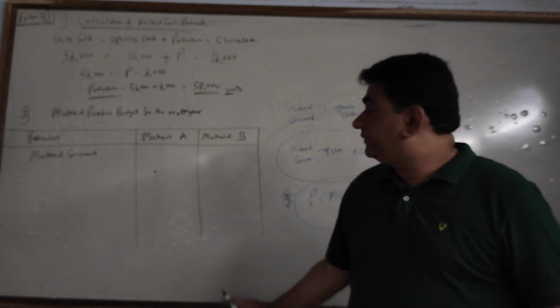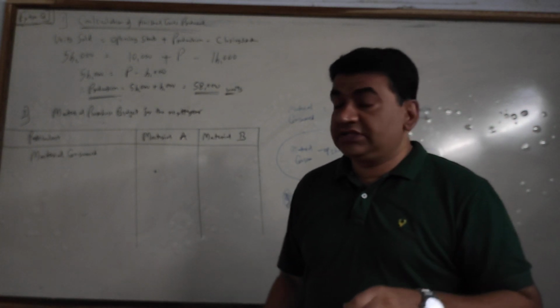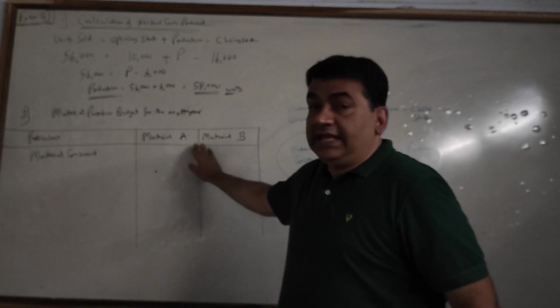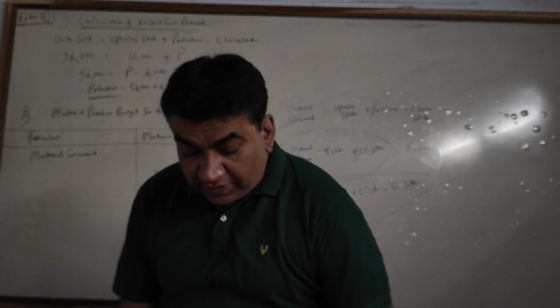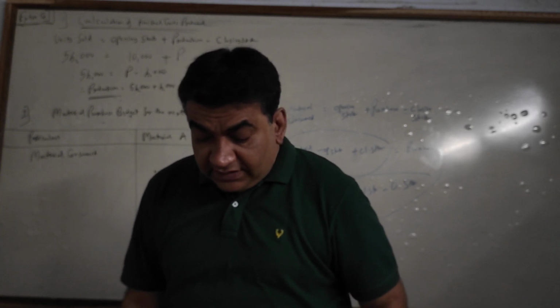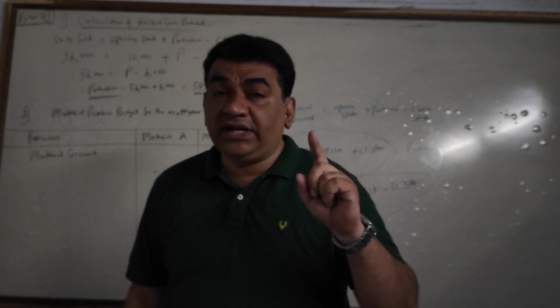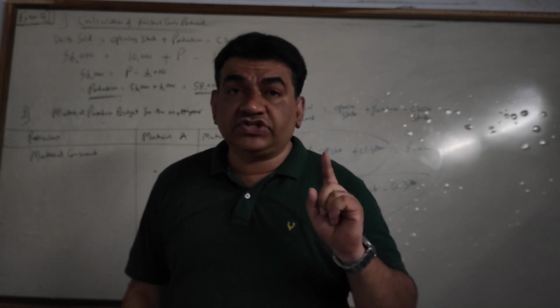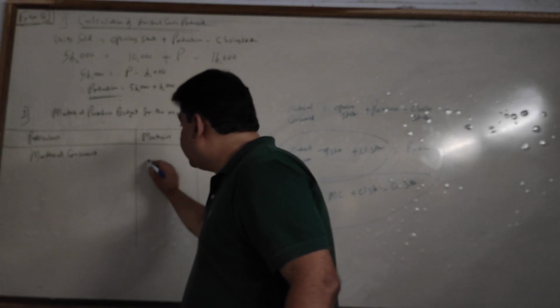Material consumed. Now see, to manufacture each unit of finished goods, I need material A and material B. Now see the data. What is given in the first point? Two materials are required, A and B. For 1 unit of finished goods you need 2 of material A. Now see, I'll put a bracket here.